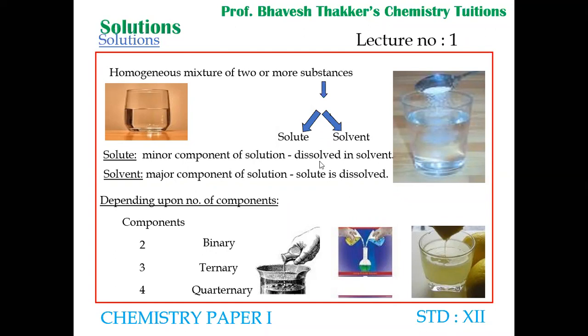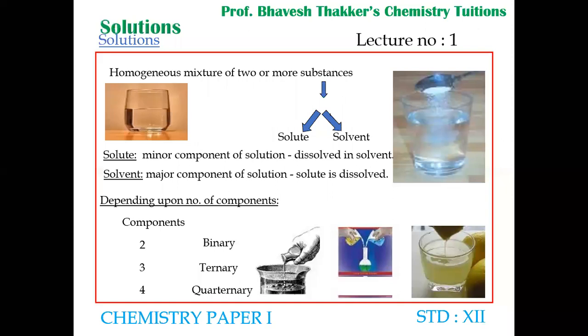I'll repeat. A solution is a homogeneous mixture of two or more substances. A solution consists of two components, solute and solvent. Solute is a minor component of the solution which gets dissolved in the solvent, and solvent is a major component of the solution which dissolves the solute in it.